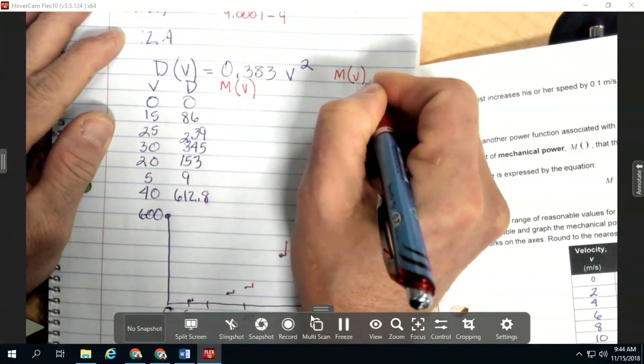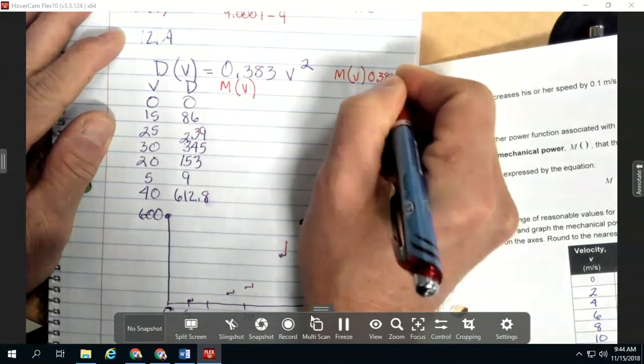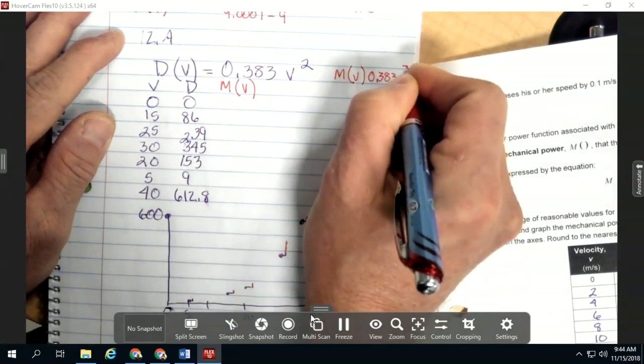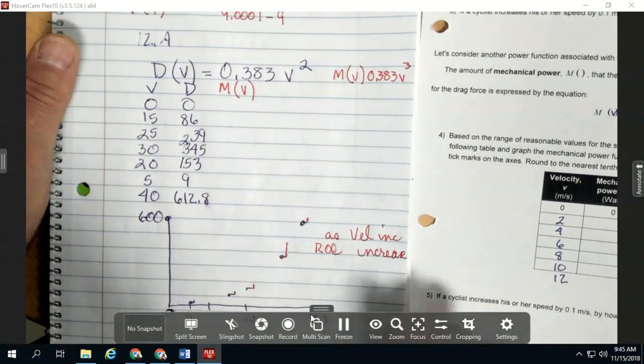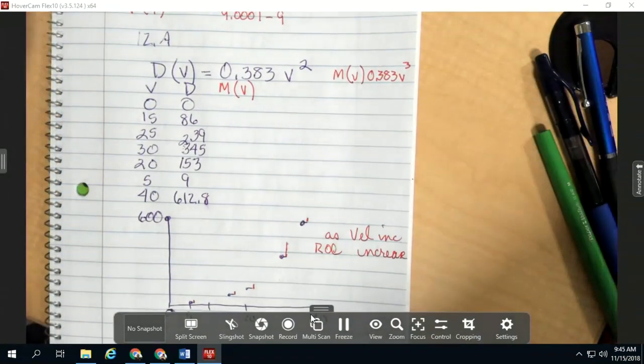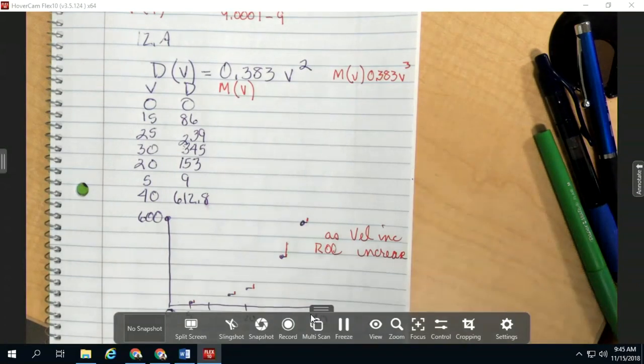is 0.383v cubed. So, same ones, fill in your m of v's, and we're going to graph that.